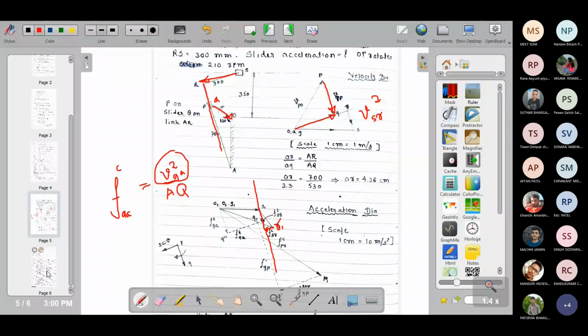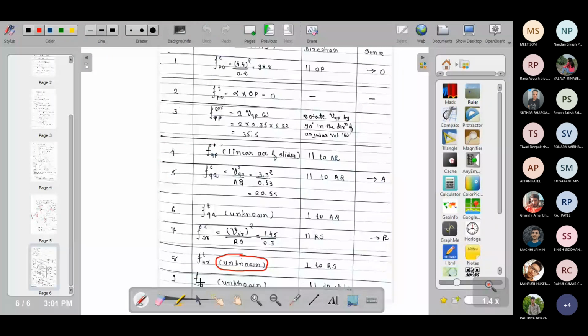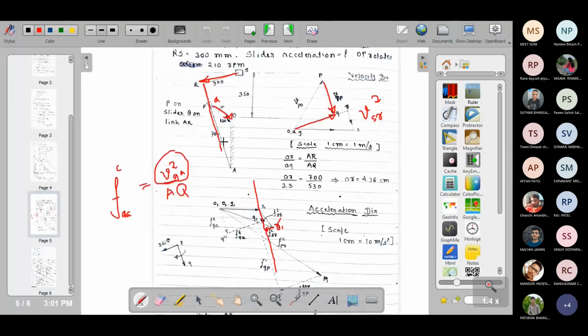Now last thing it is left, piston it is having slider motion. So piston S, so acceleration of point S with respect to G, it is linear. So what I can do, from point G, I can draw parallel line to slider. So wherever it will intersect, that is point S1. Is this clear?